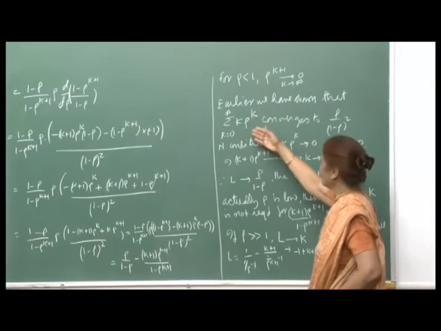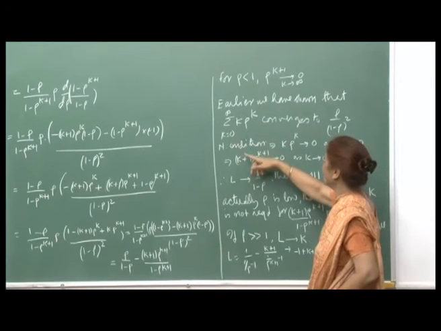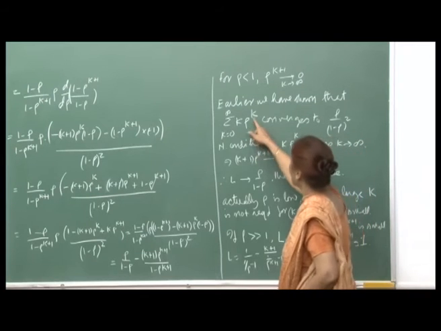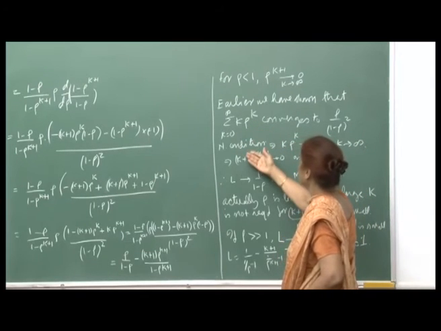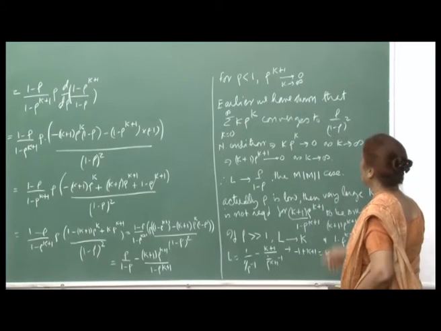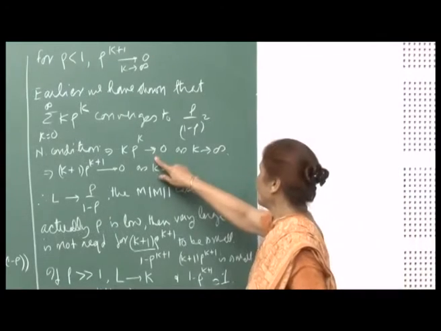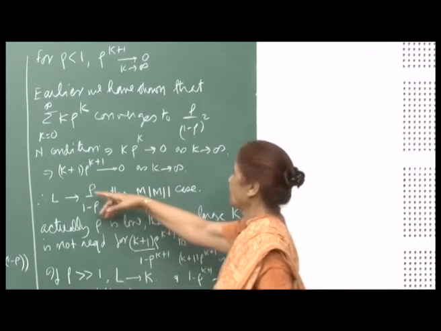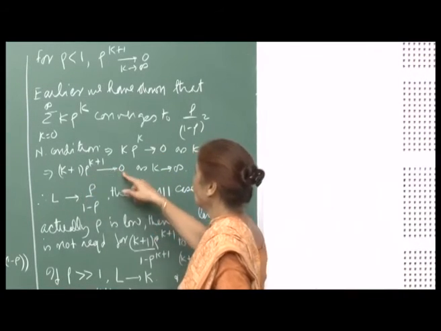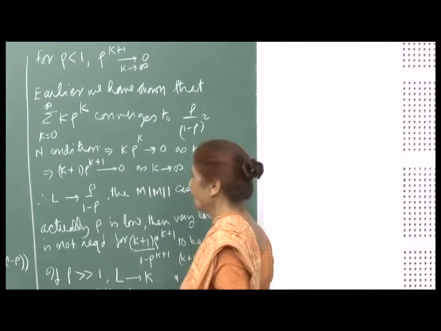We have already seen this because this is an arithmetico-geometric series. And if a series converges, then the necessary condition is that the nth term must go to 0 as k goes to infinity. Therefore, k rho^k must go to 0, which implies that (k+1) rho^(k+1) goes to 0 as k goes to infinity.